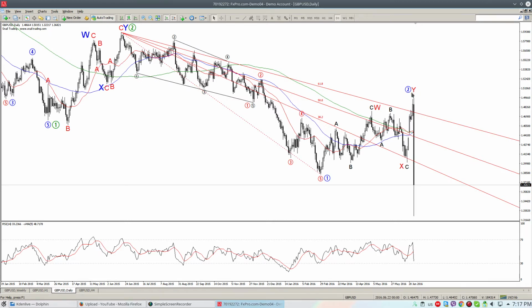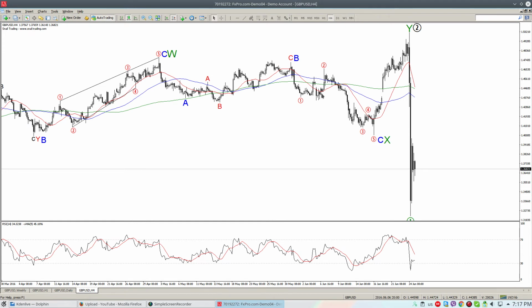Therefore, since we have a break below this low here, this could not be the beginning of a bull trend either, so we cannot expect that everything was finished here. Therefore that results in a scenario much more bearish than before.